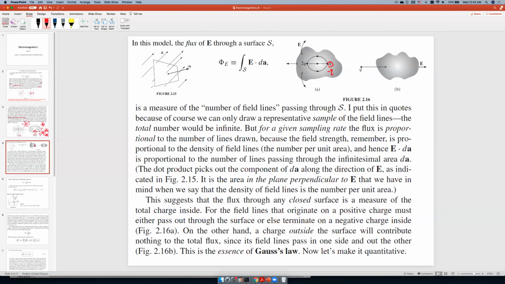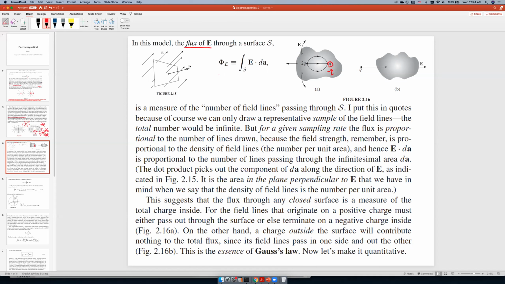This is negative Q. So we can define a concept which is the flux of E through a surface S. It's the integral over the surface of E dot dA. That means how many electric field lines are going out of the enclosed surface. And we define it as the flux of E, which is phi E.